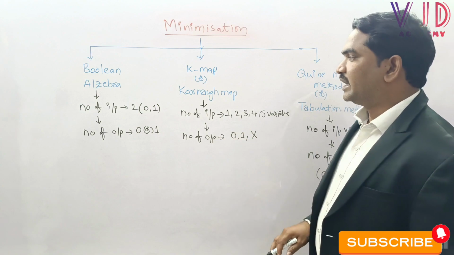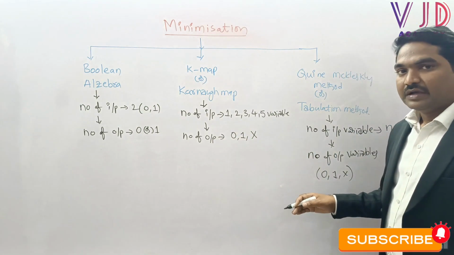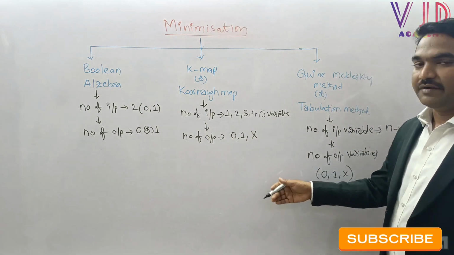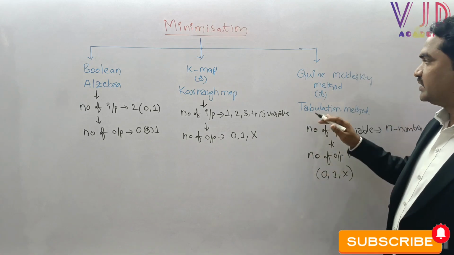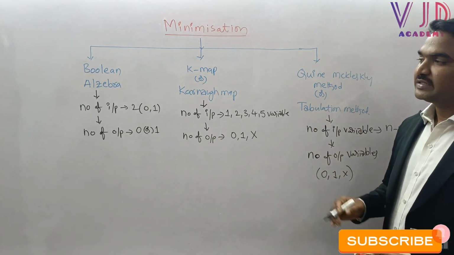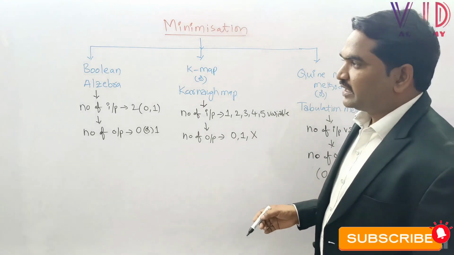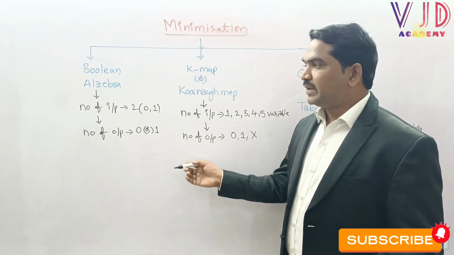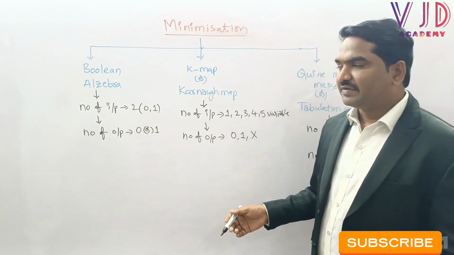And when we have more than 5 variables, like 6 or 7 variables, we use the Quine-McCluskey method. So let us try to understand each logical minimization method.